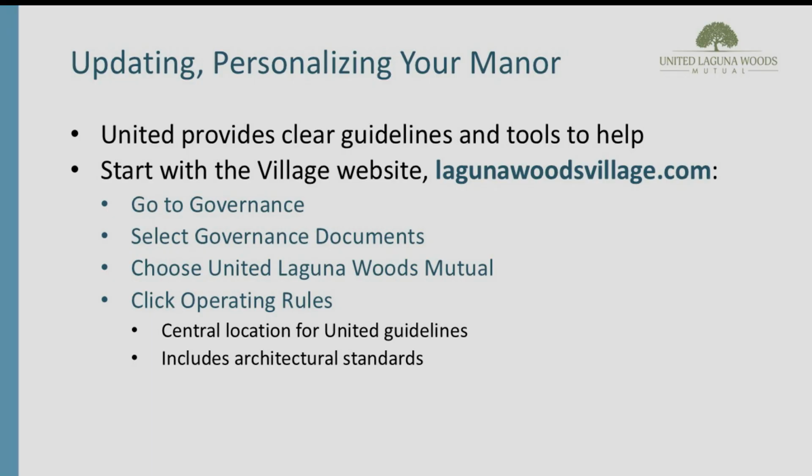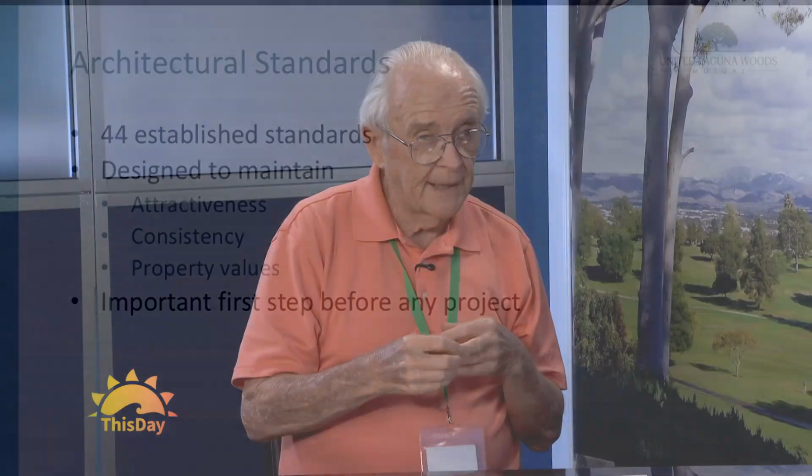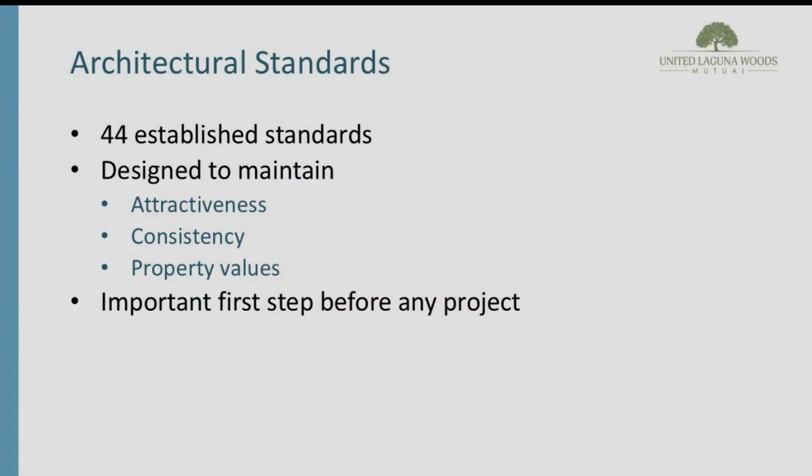The main item on that is, first, 44 architectural control standards. Those standards tell you what you have to do if you want to put a walkway in, if you want to put something over your balcony, or anything you would want to do to enhance your manor. You click on that, open it up, and it tells you everything you need to know.